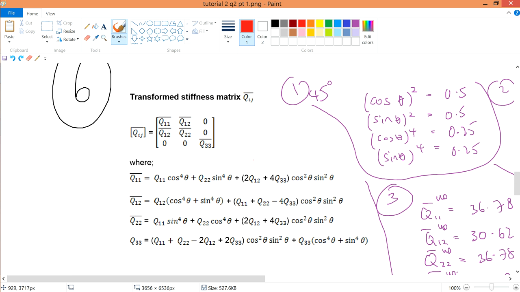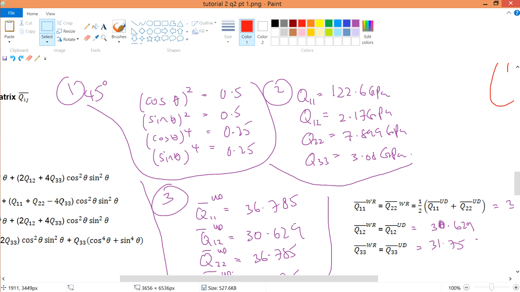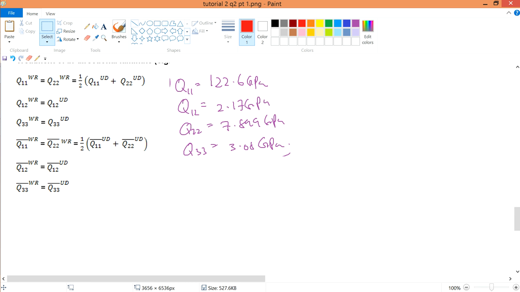So if I bring this Q11 over here, as you can see, this Q11 plus Q22, these are all UD. I'll simply calculate them, so I'll have half.